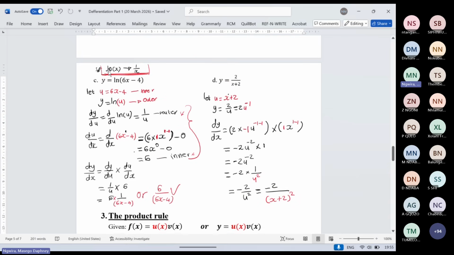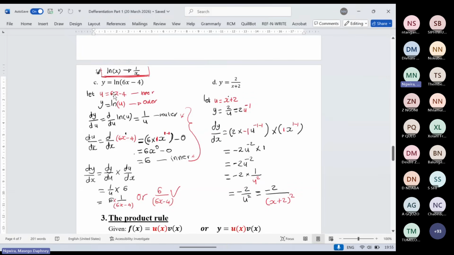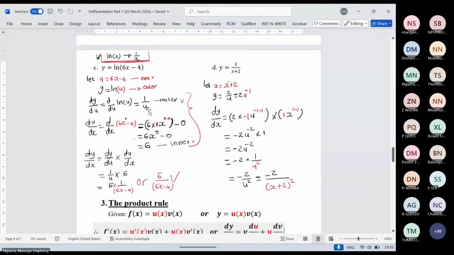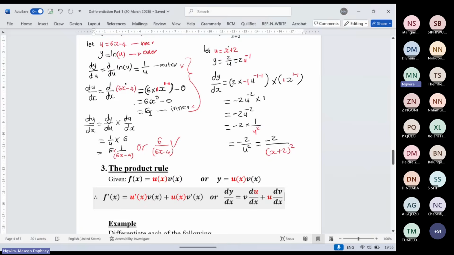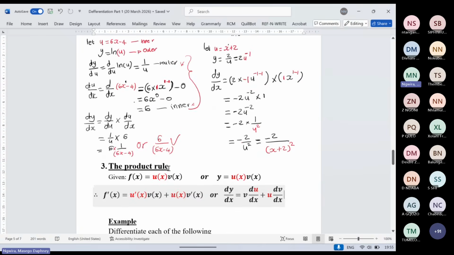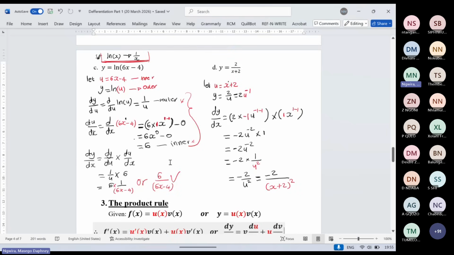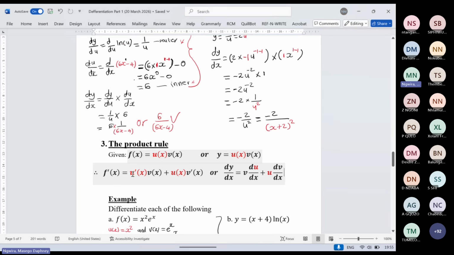Here I was just letting it take this function as 6x minus 4. I guess they're both functions. But this is a product rule, and this one is the chain rule. I think you have a point. It is the same, because if I was to write this, I would say du over dx. Can you see here?